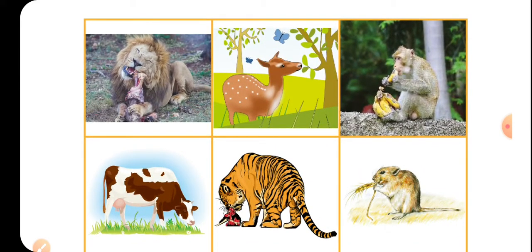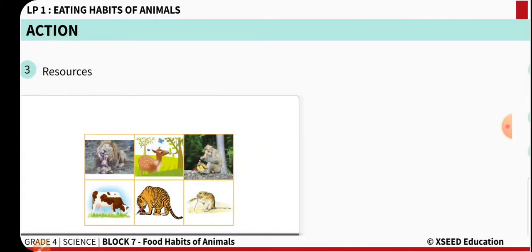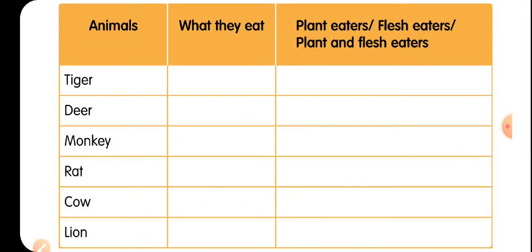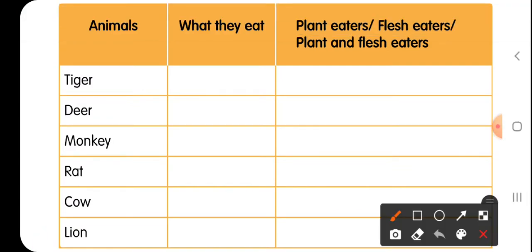Along with that, start copying this tabular column on the white paper side of your classwork, and keep a heading 7.1.